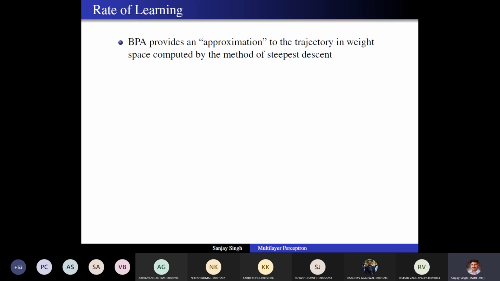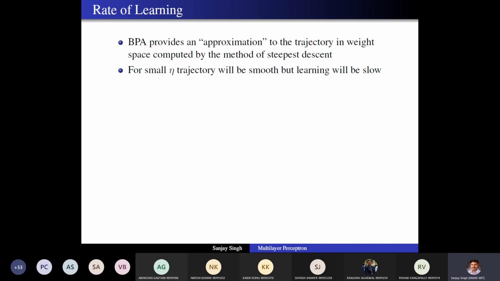Another point is the rate of learning, which we have already discussed. BPA, which in short I'm calling the backpropagation algorithm, provides an approximation to the trajectory in weight space computed by the method of steepest descent. So we are just approximating it, because we don't know what that is. When the value of eta is small, the trajectory will be smooth, but learning will be slow.